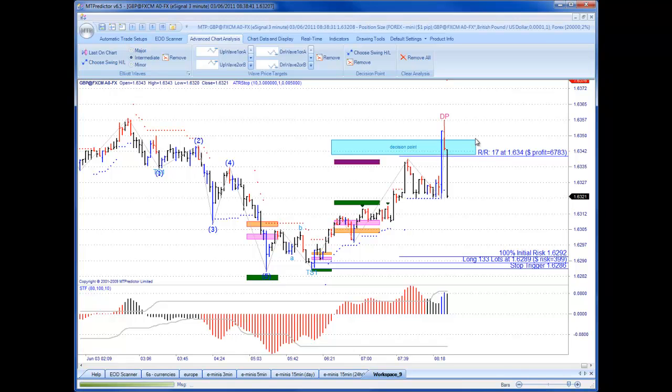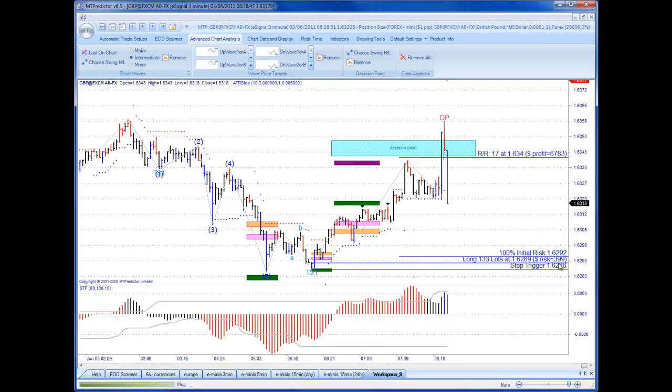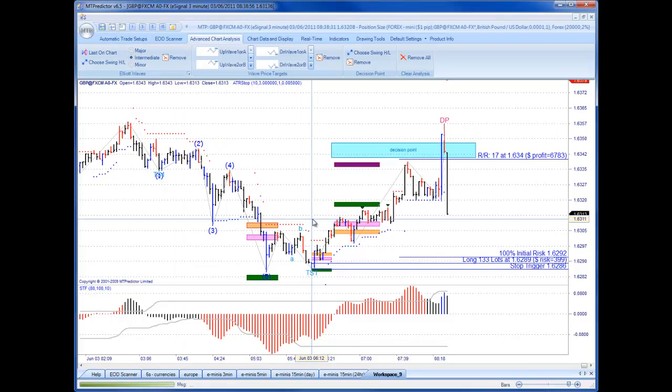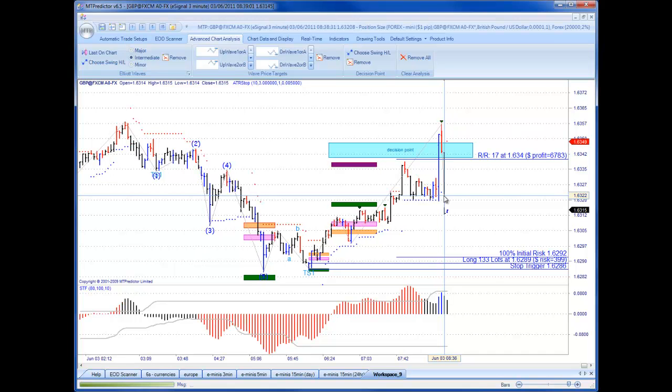And as you can see, this would have meant a lovely 17, actually a massive 17R profit. So for risking about $400, the profit on this trade would have been $6,700. And this all unfolded from 6:12 EST to 8:30 EST, so in an hour and a half.